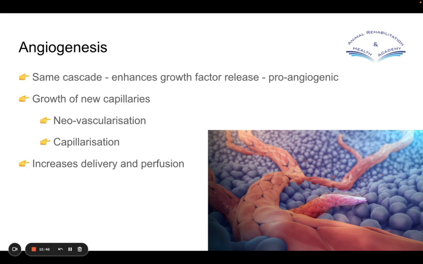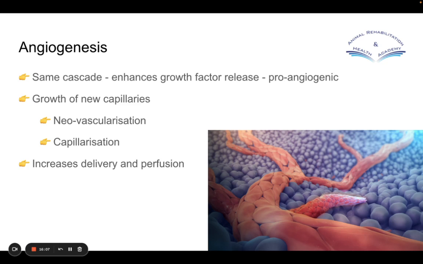Angiogenesis is actually a type of neovascularization. There are other types. Capillarization is just another way of saying it, a term quite often used in exercise physiology when discussing oxygen requirement through fitness.